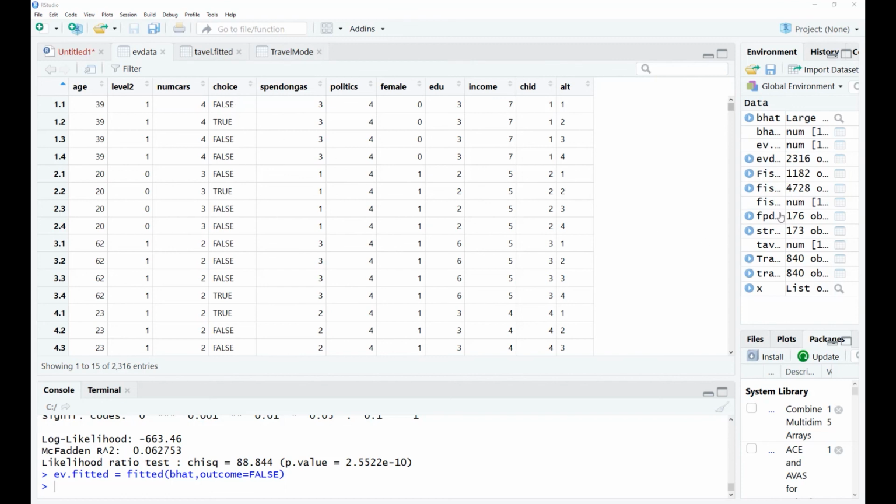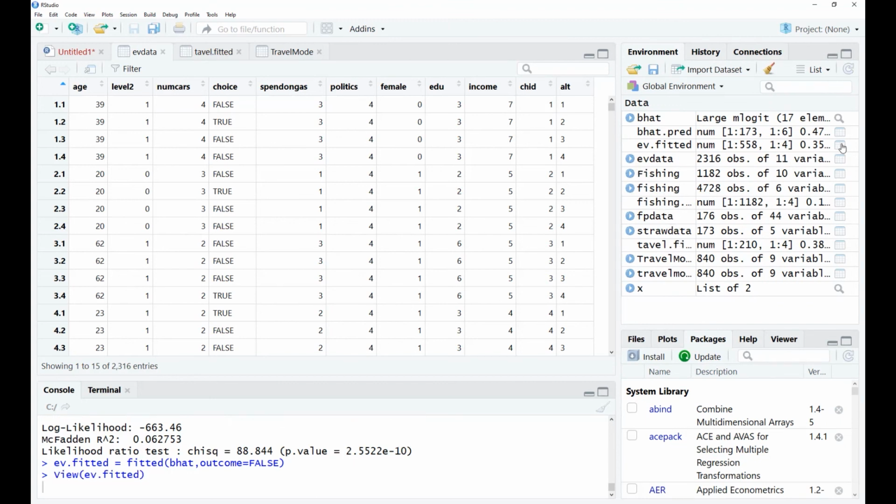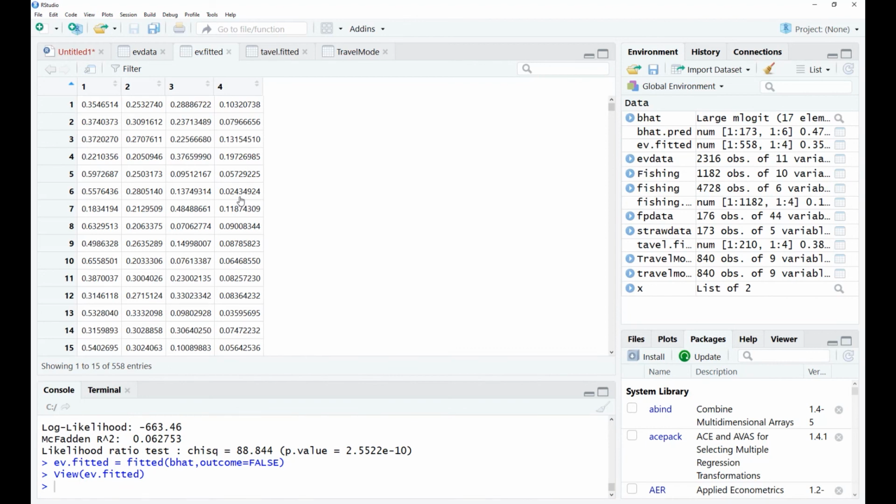So when we look at the fitted data, we see that the model is slightly off because it only associated a 25% and a 30% chance of that individual actually picking a hybrid vehicle. Okay.